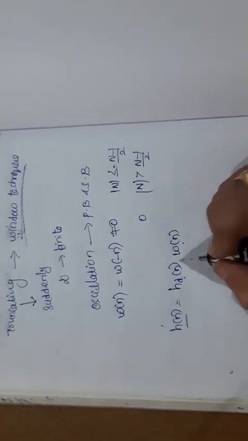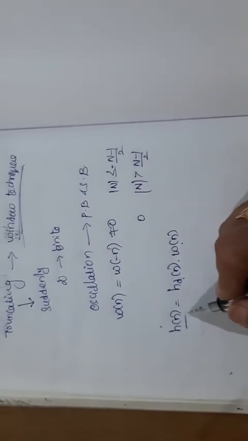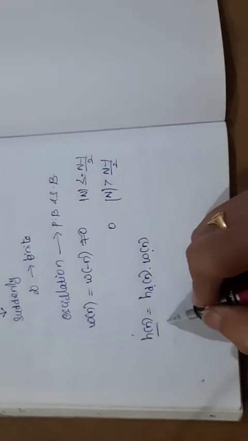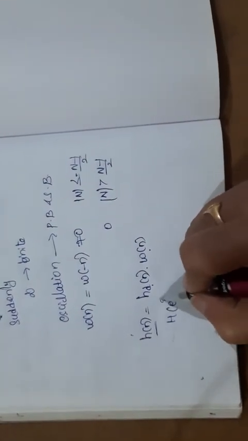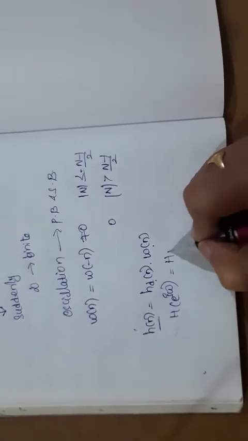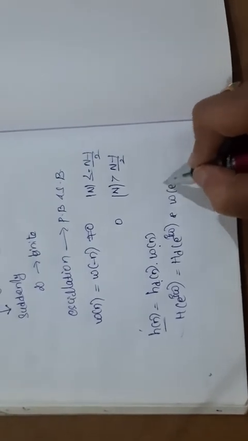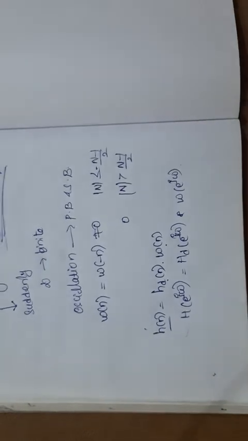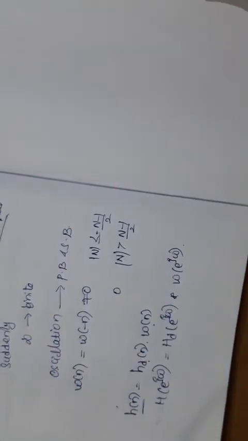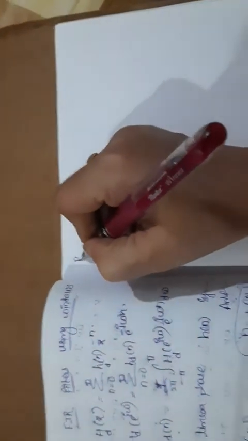Multiplication in the time domain leads to convolution in the frequency domain: Hd of e power j omega convolved with W of e power j omega.